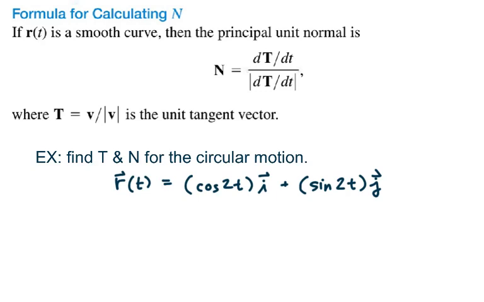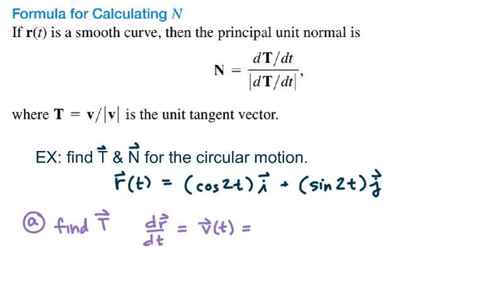Here we have an example. We're going to find T, our unit tangent vector, and N, our principal unit normal vector, given the circular motion represented by the vector r. I'll label the parts A, B, and C. First we find T. The derivative of r with respect to t gives me my velocity vector.